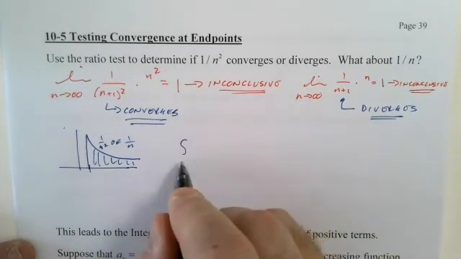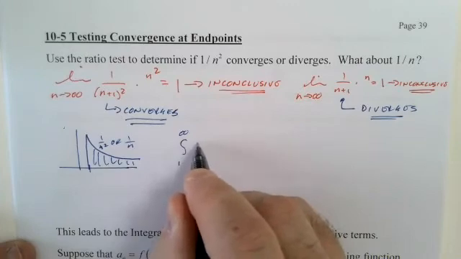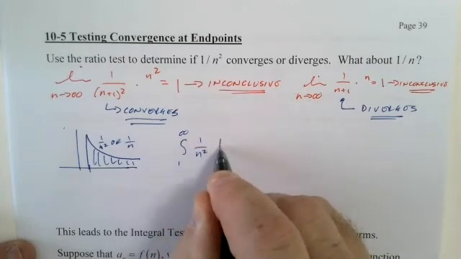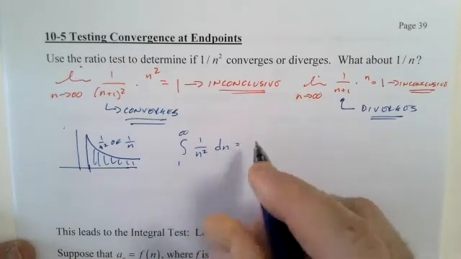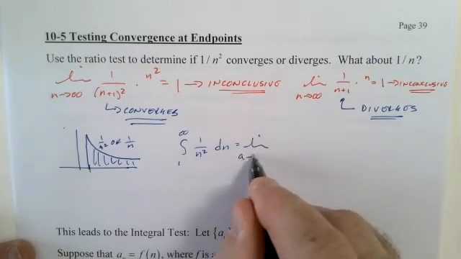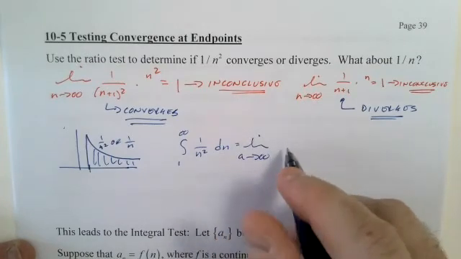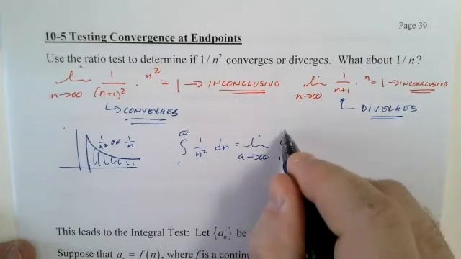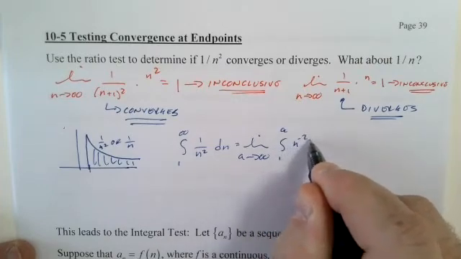So the integral from 1 to infinity of 1 over n squared dn. The limit as a goes to infinity, and I rewrite it as n to the negative second.